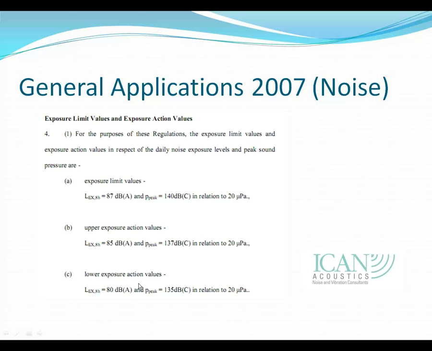And in such cases, there are different requirements. A lower exposure action value, for example, is generally a lower noise environment. So there's a certain number of requirements for the employer. Whereas in upper exposure action values, there are generally more stringent conditions stipulated.